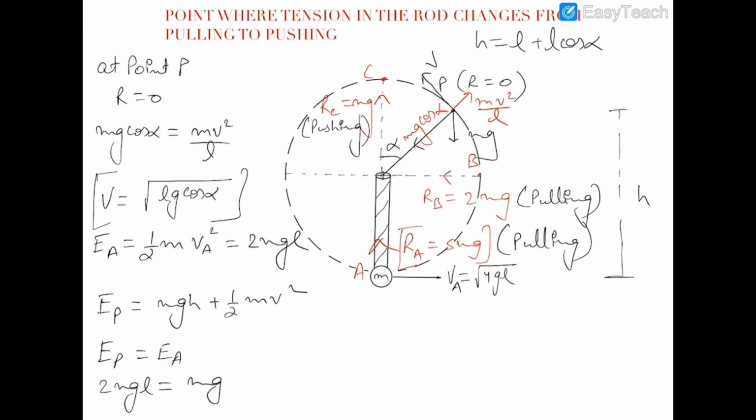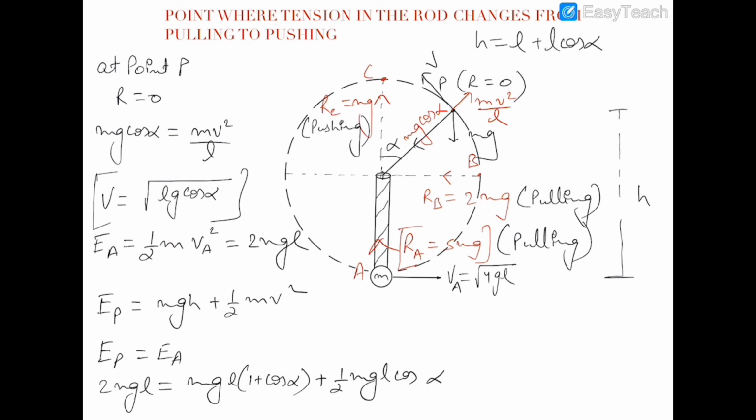So it is mgL (1 plus cos alpha) plus half mv square, where if I put the value of v square, then this will be half mgL cos alpha.